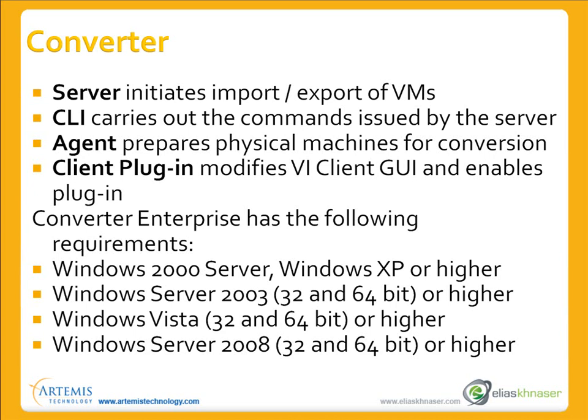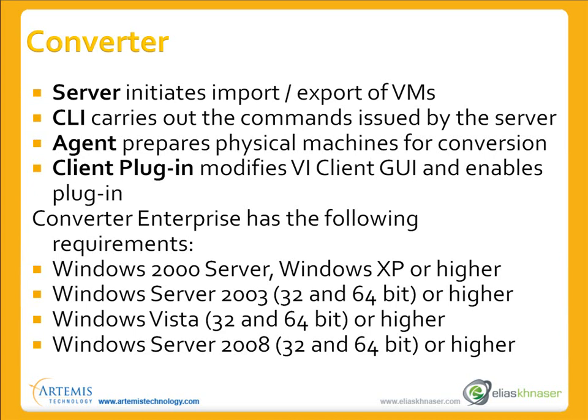The CLI, a command line interface, is the component that carries out the commands issued by the server. So think of the CLI as the functional arm of the server that actually does all the dirty work. The agent is what is either installed or running on the destination machines that are going to be converted. This is the service that gets installed or is running on the machines we are about to convert, and it prepares them to be converted into virtual machines.